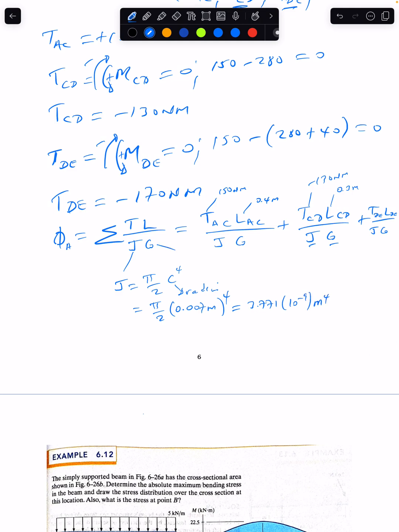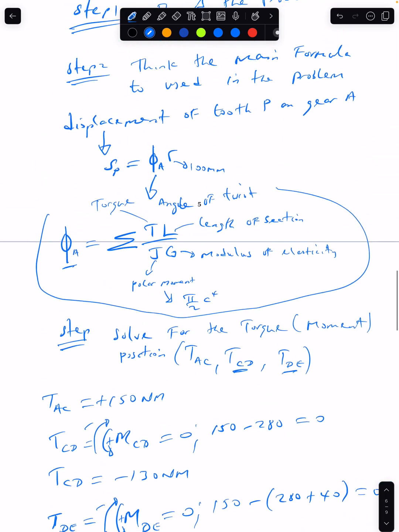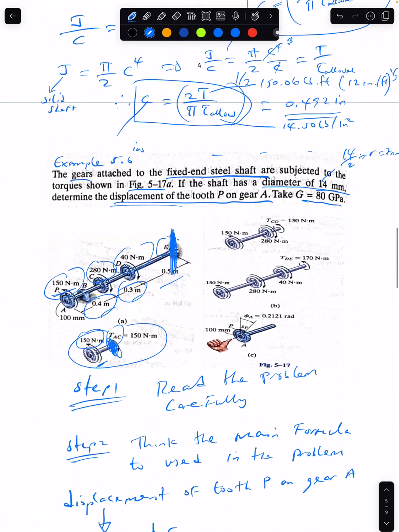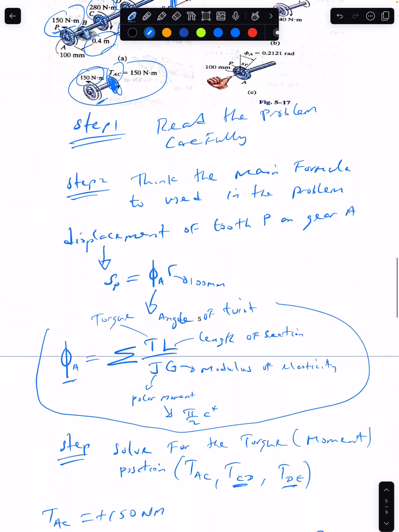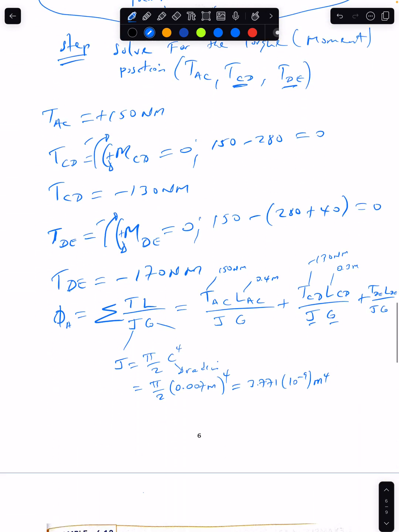And this value for the modulus of elasticity is 80 GPa, and that must be converted to the right unit. We're going to have 8 times 10 to the power 9 Newton per meter square. And that is the same for this, because the shaft has the same material and the same modulus of elasticity.